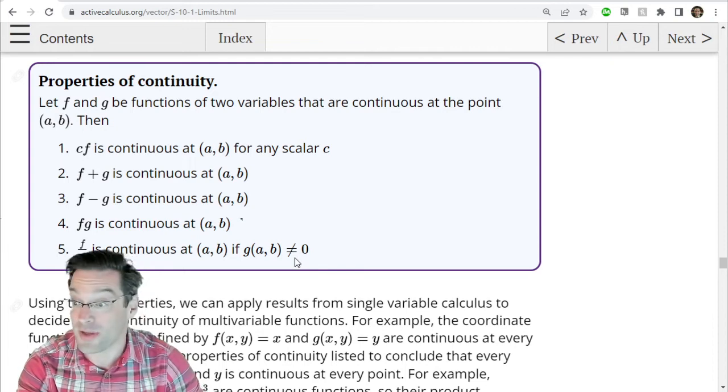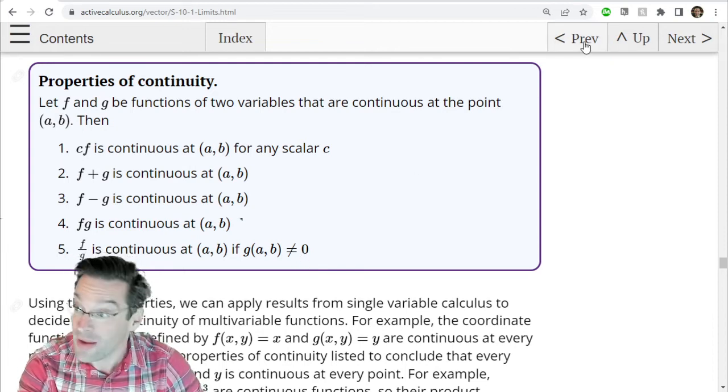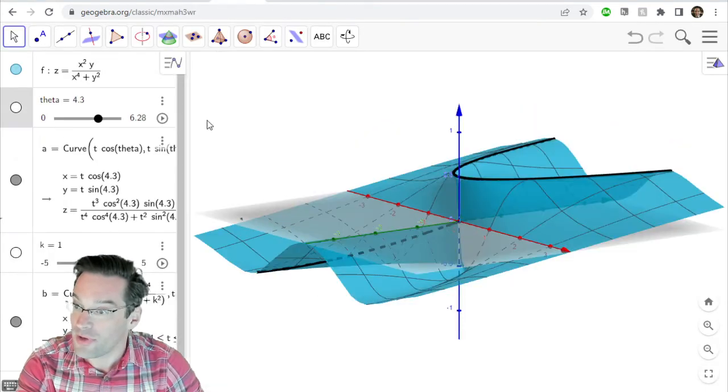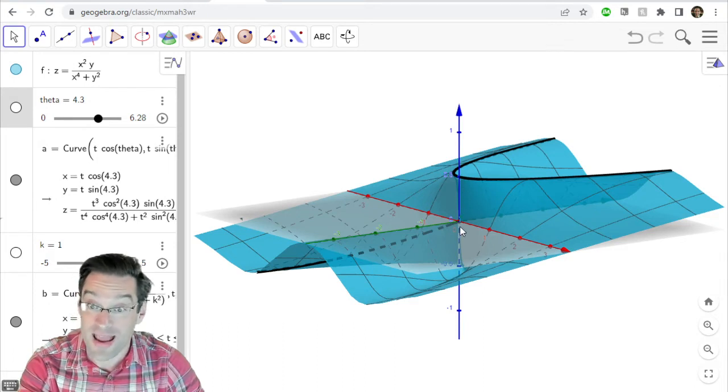It's only guaranteed to be continuous when the denominator is non-zero. And sure enough, here it is. Every other point on this graph, other than the point at the origin, we do have a continuous function, an unbroken surface. It's just that at the origin, we have trouble, because that denominator is becoming 0.